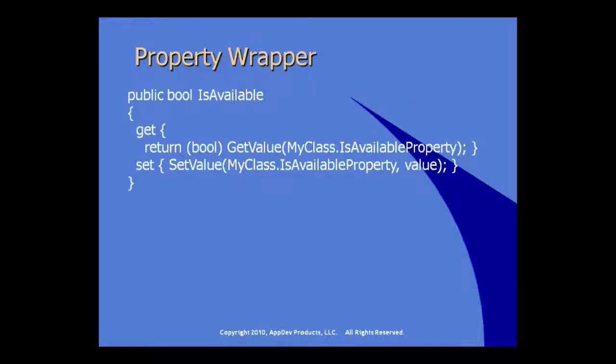Of course, to make it available for you as a consumer, someone at Microsoft has written a wrapper which exposes it as a standard .NET property, which gets and sets the value of that field from the dictionary that the .NET framework is maintaining for you. It's like your code wants to get the value of the isAvailable property. Well, the .NET framework says, wait a second, let me go get it from where I've stored it.